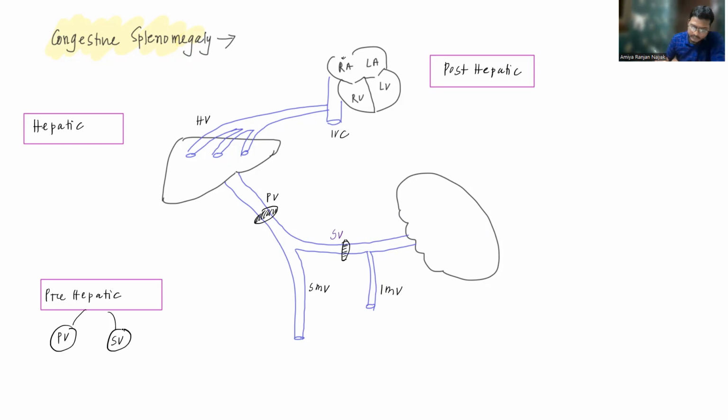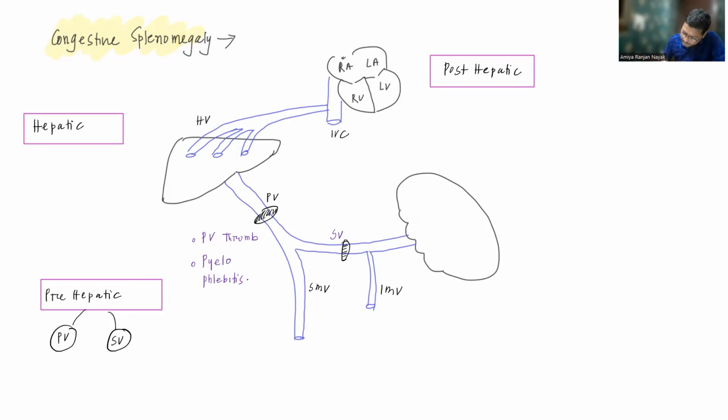Portal vein obstruction can happen either because of portal vein thrombosis, or because of inflammation inside the portal vein. Infection or inflammation inside the portal vein is known as pylephlebitis. So these are the causes which can cause portal vein occlusion.